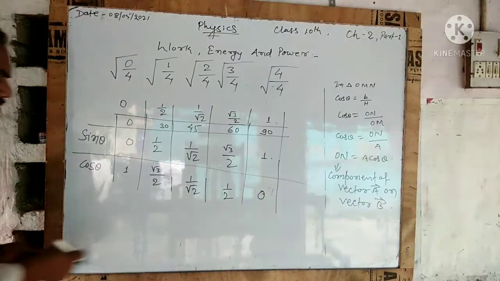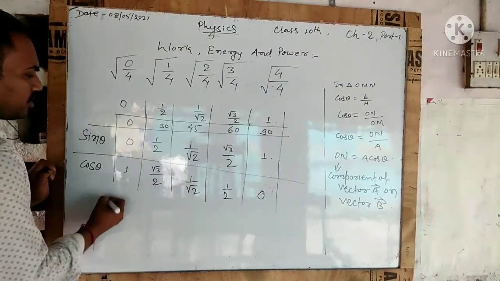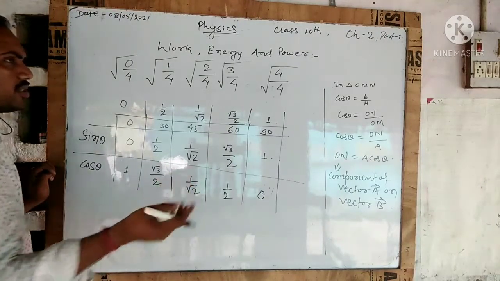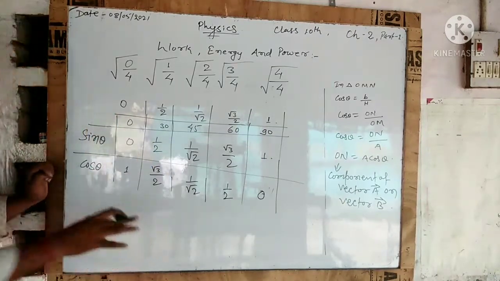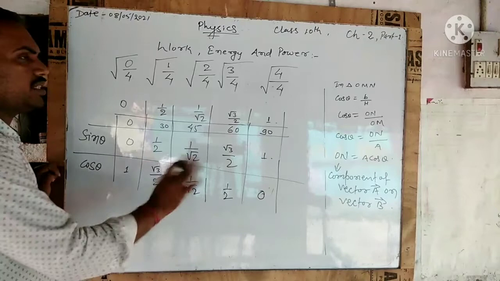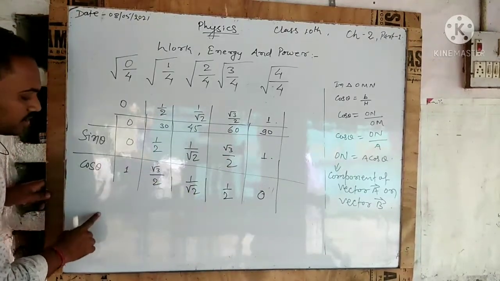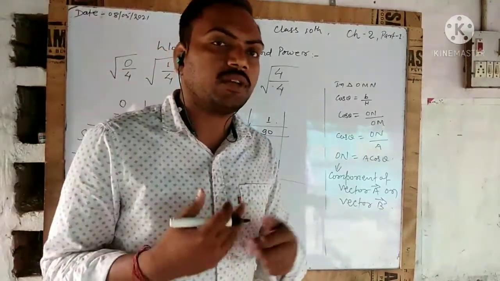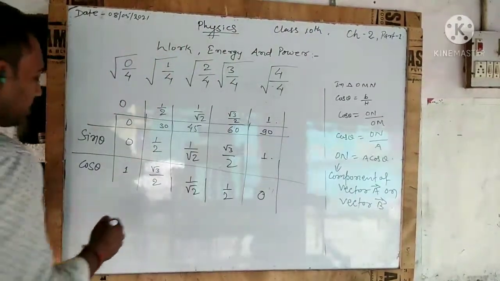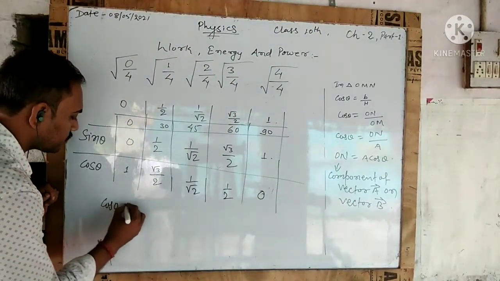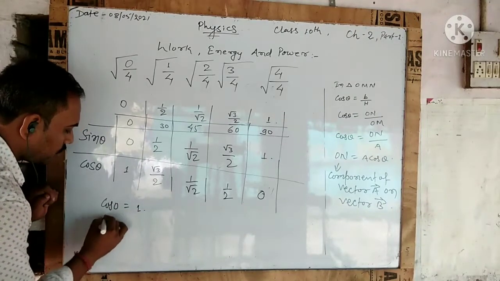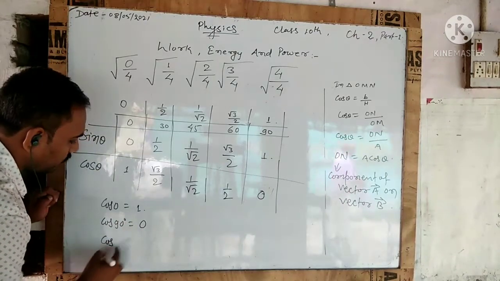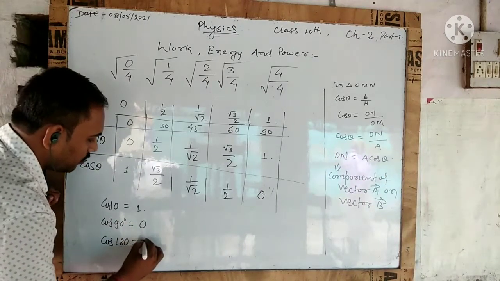Now there are some other values you have to remember. I'm not mentioning tan because you will study it in mathematics. The general values which will be used regularly are cos 0 equal to 1, cos 90 equal to 0, cos 180 equal to minus 1.